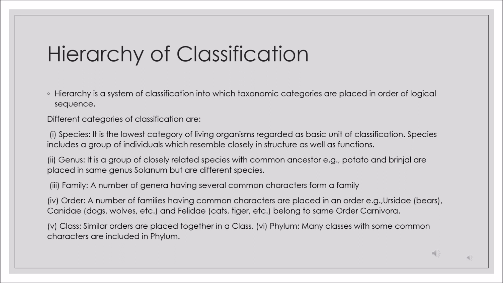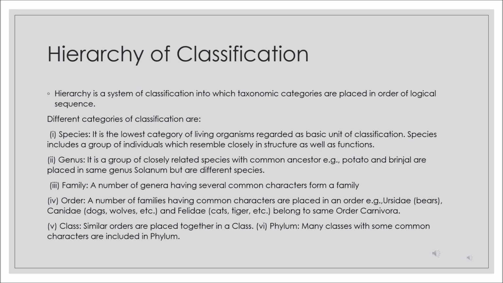For example, we can take a hibiscus flower. If we take a bunch of 10 or 12 hibiscus flowers, the external structure will be similar and the internal function will also be similar. So these hibiscus, which look similar, are put under one species.